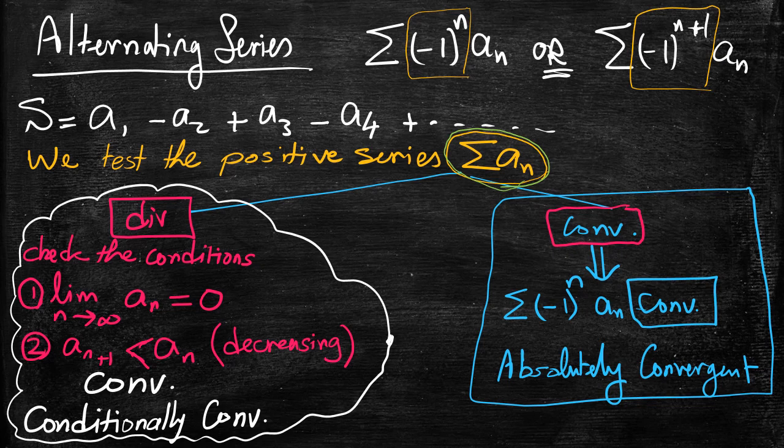If all these values added together give a constant, then if we subtract some values from this whole summation, for sure this will also give us some value, which is less than the previous value. So if it's already convergent, the alternating series will also be convergent, and we call this case absolutely convergent. What I mean by absolutely convergent is that in any case, whether all terms are positive or some are positive and others negative, in both cases it's convergent.